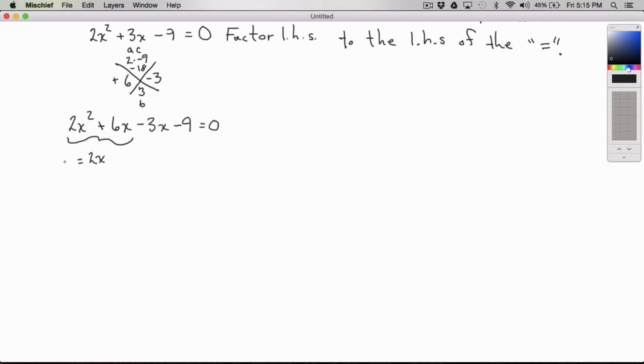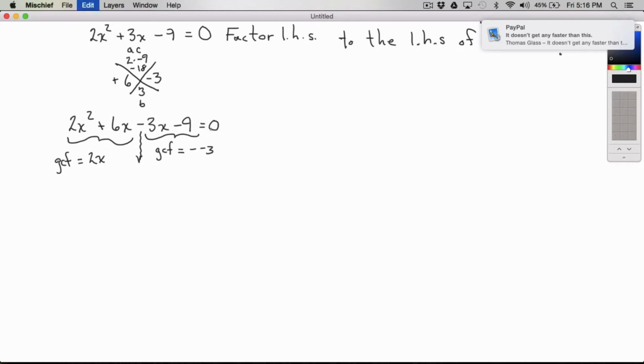That's our greatest common factor in the group, not the whole equation. Remember that this sign should always come down with the problem. In other words, my GCF needs to include that sign, so that makes my greatest common factor for this second group a negative 3. Oops, I only need one of those negatives, so let me rewrite that.